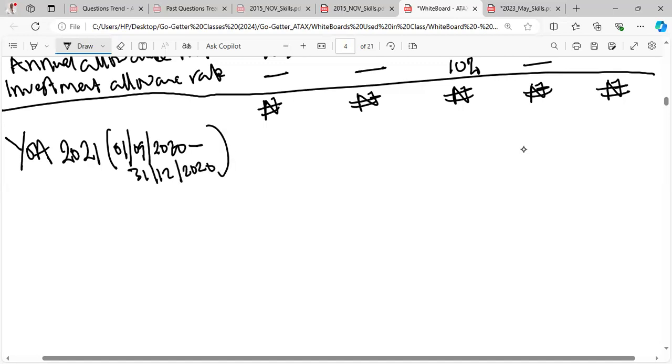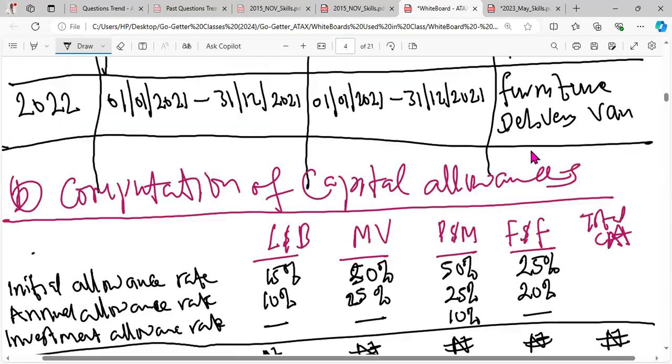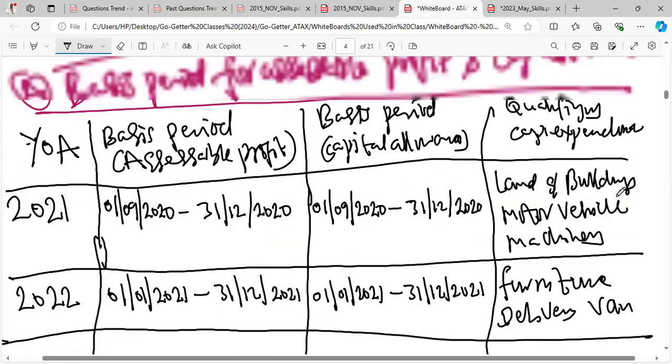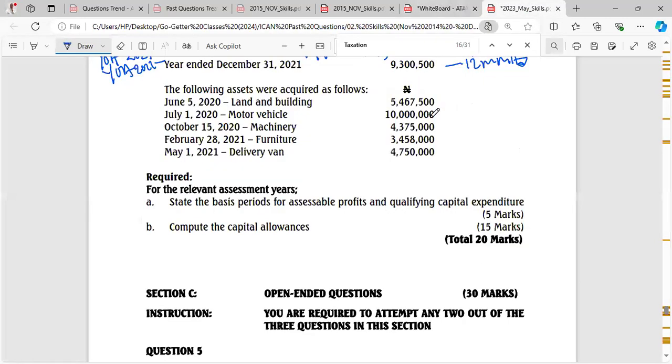That is 4 months. All right. So you're just starting your business. So you start with costs of qualifying capital expenditure. The cost. Which assets did you buy? You buy land and building, motor vehicle, and machinery.